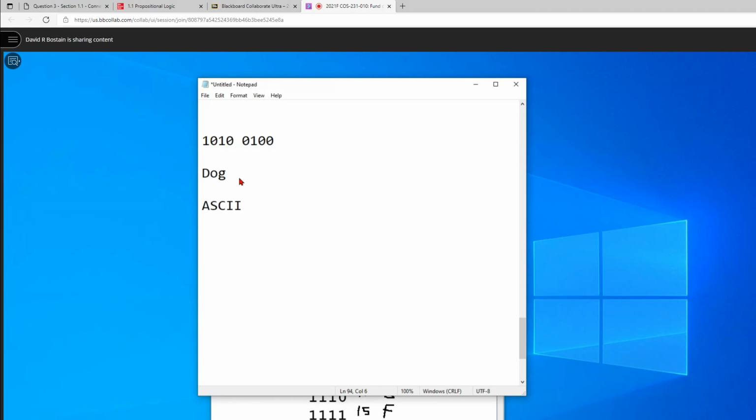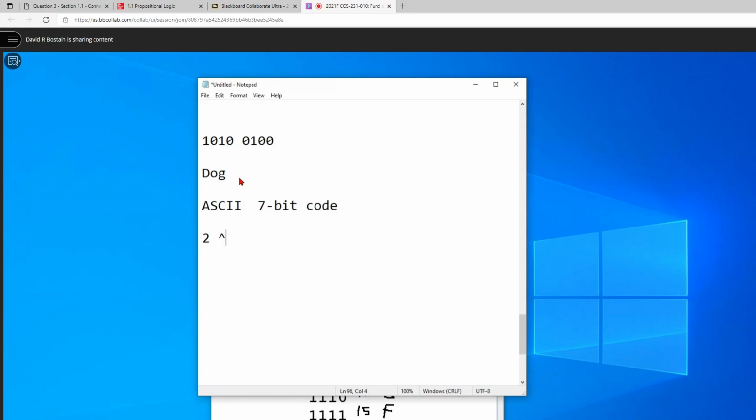ASCII is one of the older encodings now, but it's still very much in use. It stands for the American Standard Code for Information Interchange. We'll probably never say that name again. We'll just call it ASCII. By definition, it's a 7-bit code.